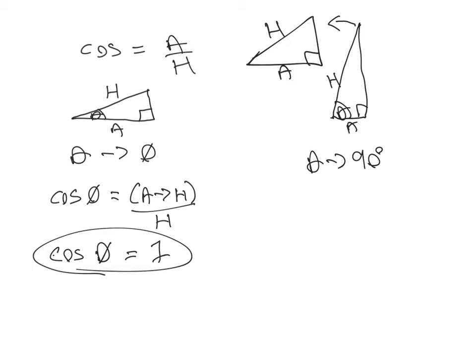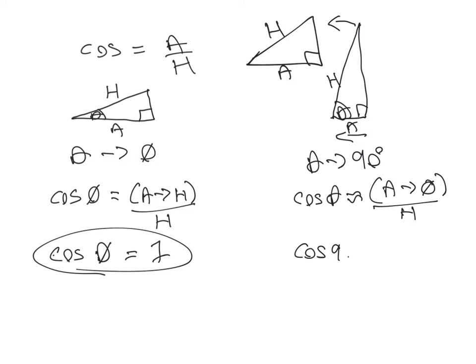Because it's trying to get vertical, so there's that 90-degree angle. As it does so, the adjacent becomes smaller. So what we now can say is the cos of theta is equivalent to the adjacent tending towards 0, divided by the hypotenuse. And 0 divided by anything is 1, so that gives us cos 90 degrees equals 0.